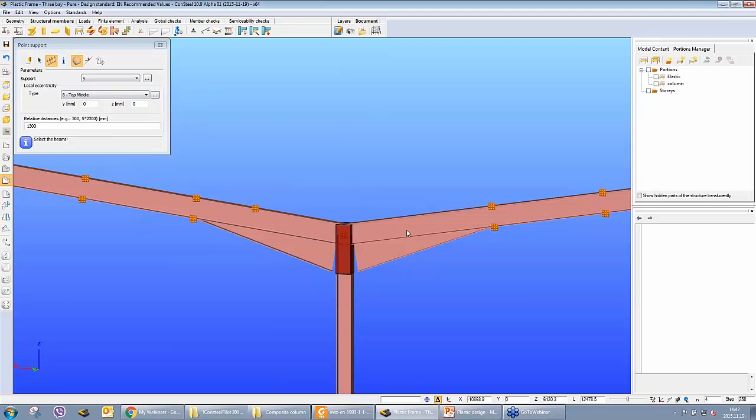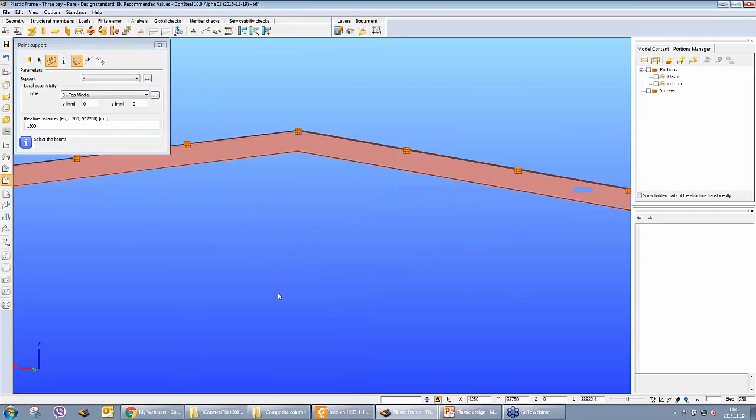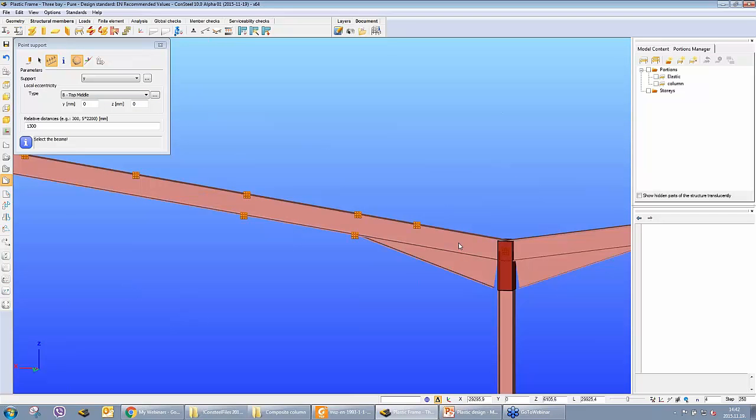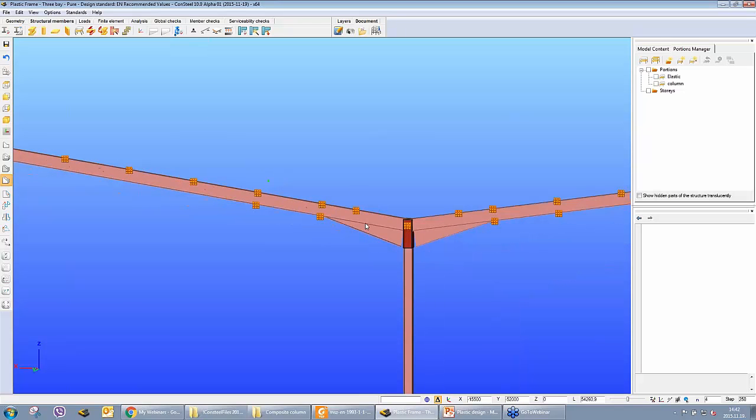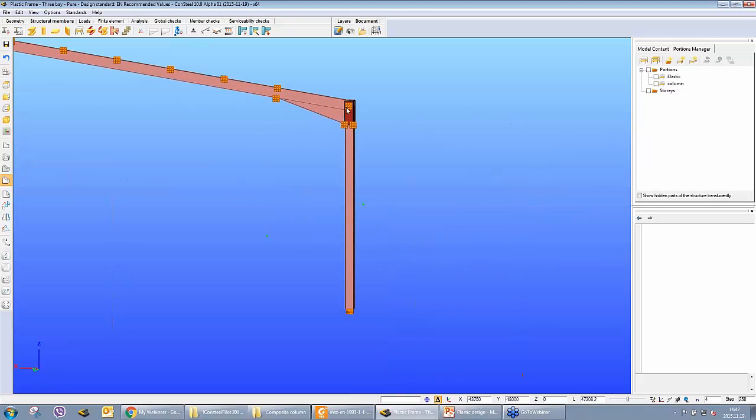Here, here, here, and here. So here, quite close to the plastic hinge, we have an additional lateral restraint at the tension flange, and we have left the column.